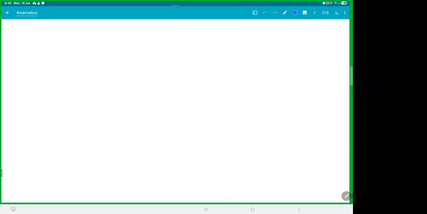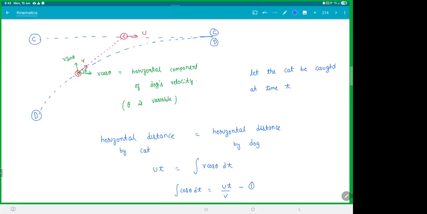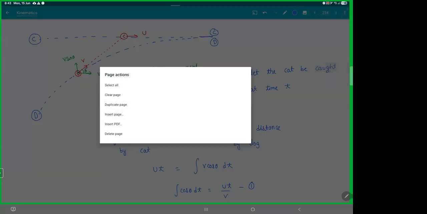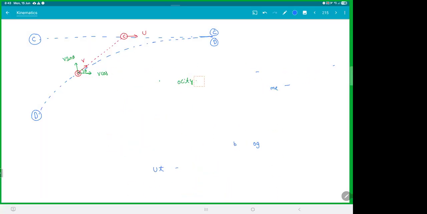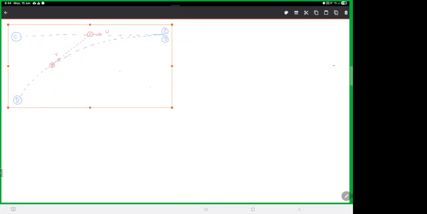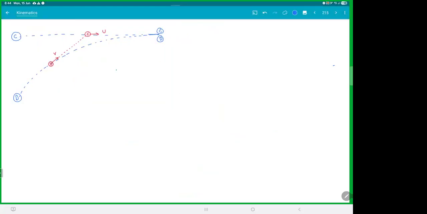Now let's look at the relative frame. If you look at the cat, the same thing, if I draw this picture again, if you check this out in the cat's frame, now look at this velocity.